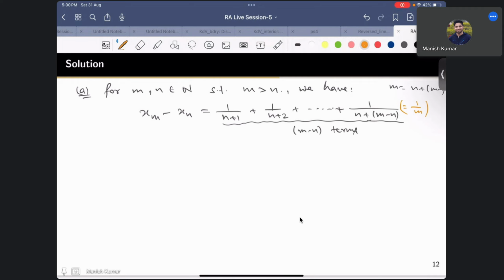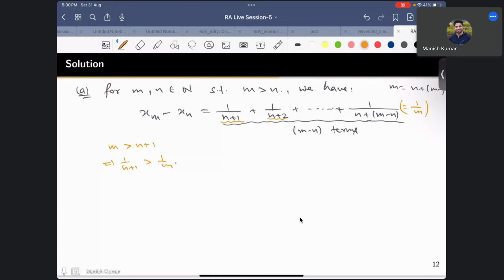Now each of the terms, you know that m is greater than n plus 1, so 1 by n plus 1 is greater than 1 by m. Similarly, all the terms coming in between m and n can be bounded below by 1 by m.